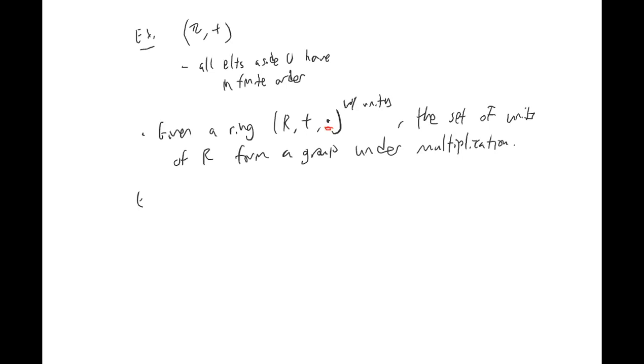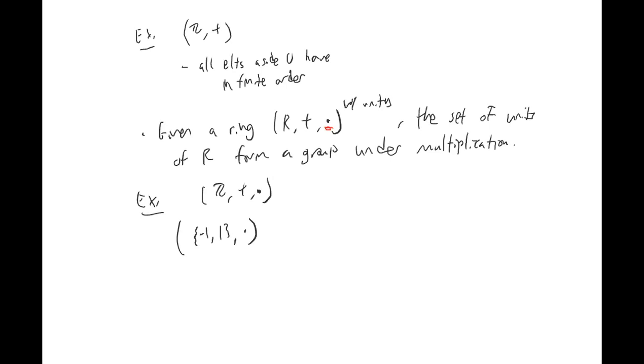Let's see some examples. Take the ring Z. What is the set of units here? Which elements in Z are invertible under multiplication? Yeah, 1 and -1. This forms a group under multiplication. You could check it's closed, because 1 times -1 is -1, and -1 squared is 1.